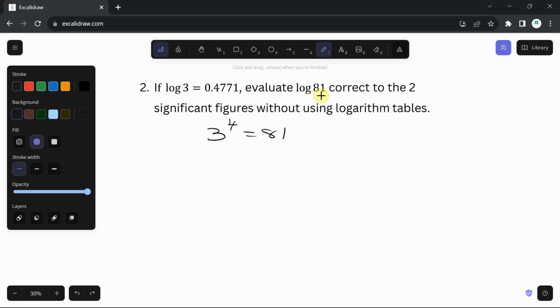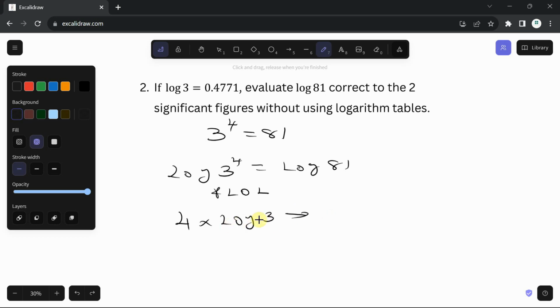So I could replace log 81 with log 3 raised to the power of 4. And from the laws of logarithm, I can bring this 4 down, so that would be 4 times log 3. And we already know what log 3 is from the question. They said log 3 is 0.4771.